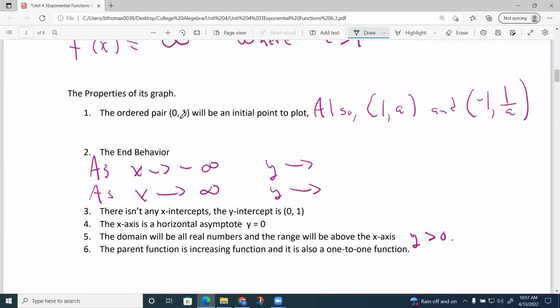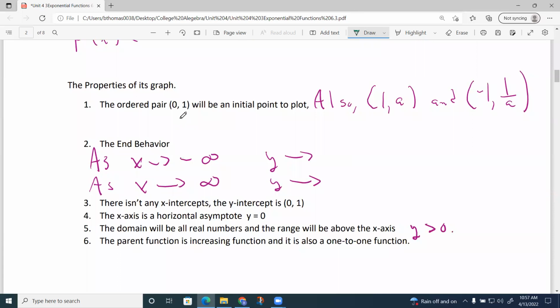Some properties of its graph. We're going to have these 6 properties that we're going to explore. The first property: the ordered pair (0, 1) is going to be the initial point to plot. Also we're going to graph (1, a), where we use a as the y value, and (-1, 1 over a), using the reciprocal of the base.